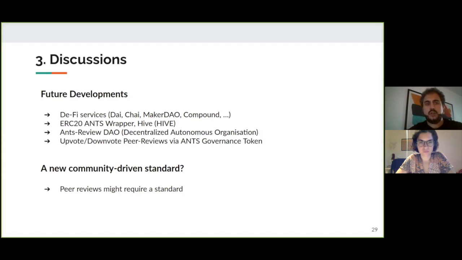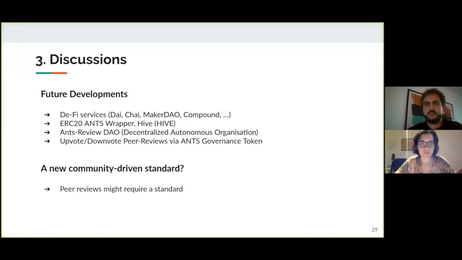And also we are considering extending the protocol to a DAO, a decentralized autonomous organization, by using ANTS as a governance token, by which agents of the system, the community, can upvote, downvote peer reviews. By doing that, they validate the best peer reviews, and based on that, they will get paid.